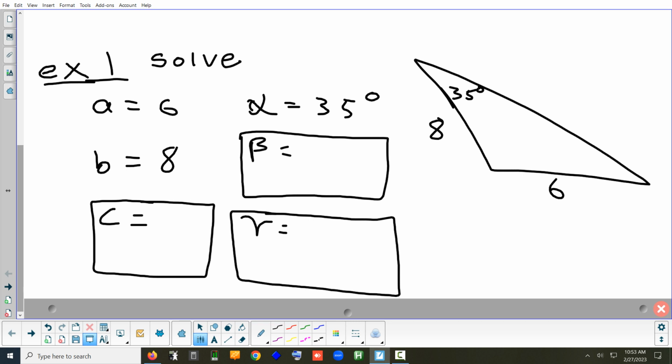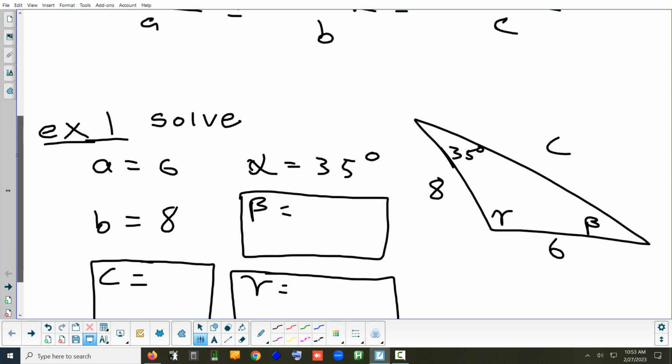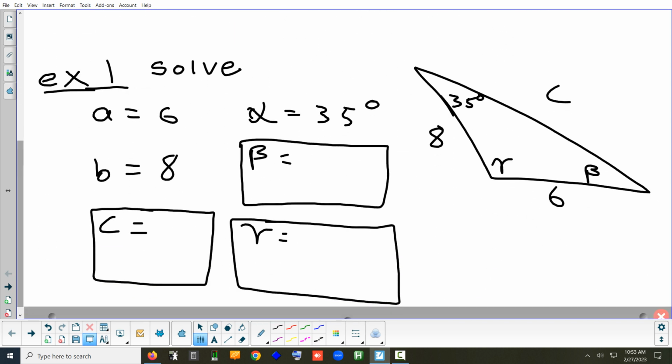Across from it, right? All the way on the bottom, right? And that would make this side C and gamma. So I can tell it's law of sines by looking at it. It's side, side, and an angle that is not between the sides. That's the third type.